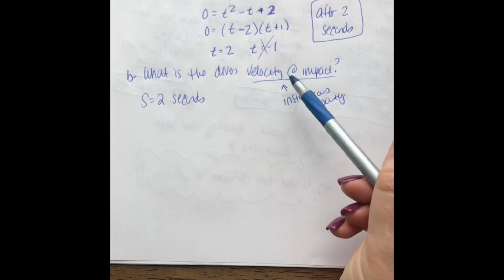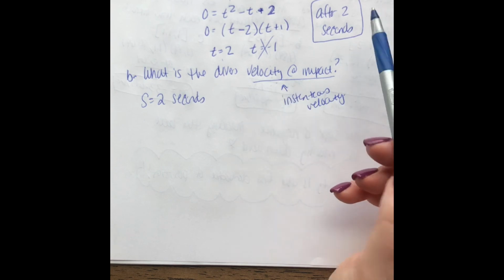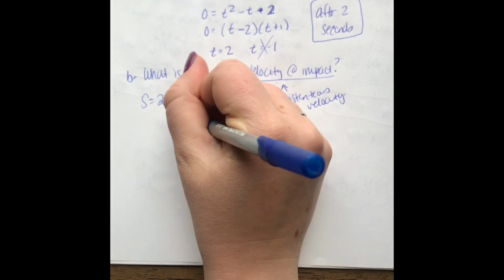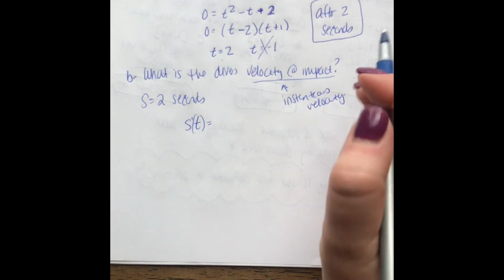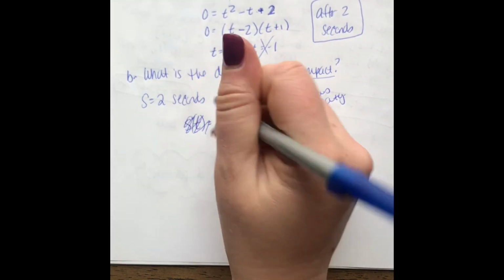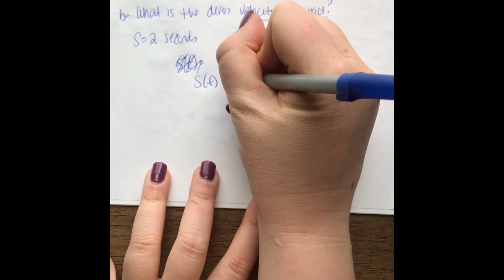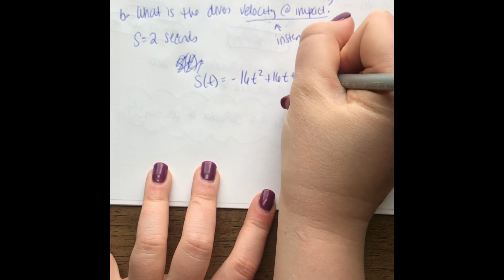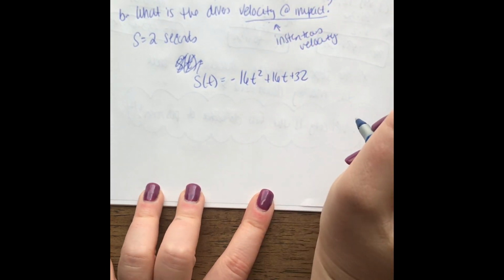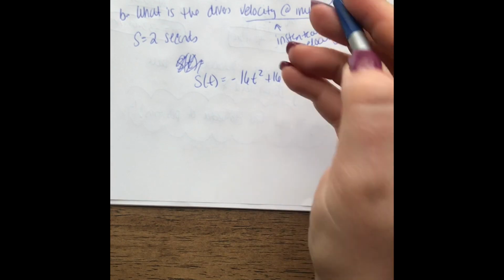So first, since we're finding instantaneous velocity, we have to find the derivative. So s prime of t. Yesterday, we learned how to do the shortcut. So let me rewrite s of t. s of t is equal to negative 16t squared plus 16t plus 32.